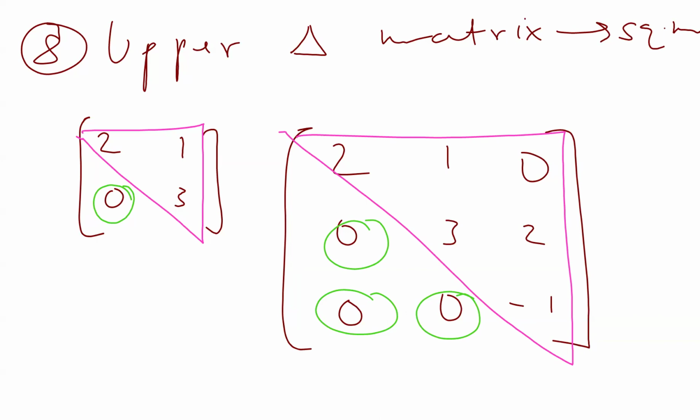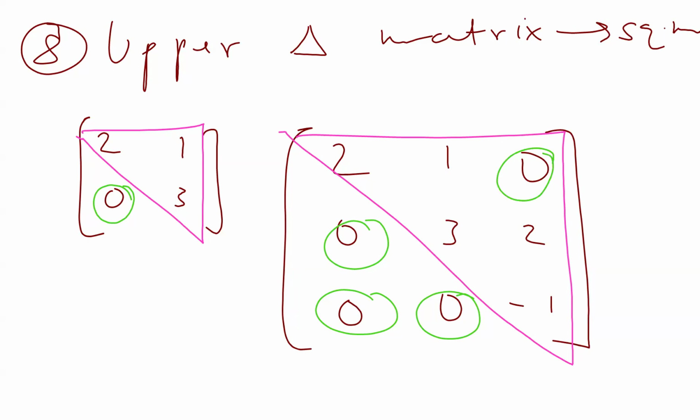Sir, I have a question. In the textbook, the example they have given, even the 3 in the center is a 0. Is that also still an upper triangular matrix? That is correct.